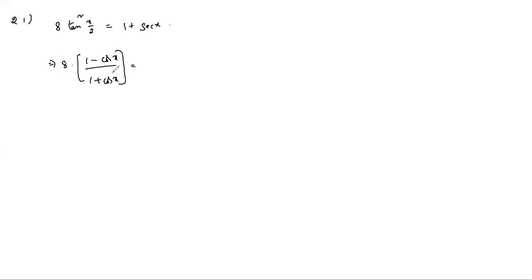By the half angle formula, 1 minus cos x is 2 sin square x by 2, and 1 plus cos x is 2 cos square x by 2. The 2 will cancel, sin square by cos square is tan square x by 2. So the right side you can also write as 1 plus 1 by cos x.